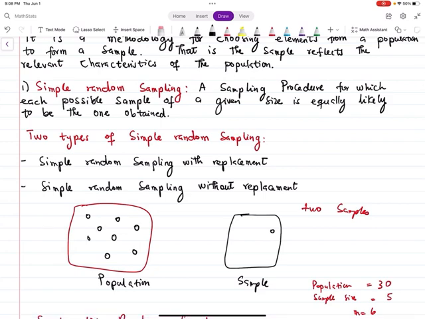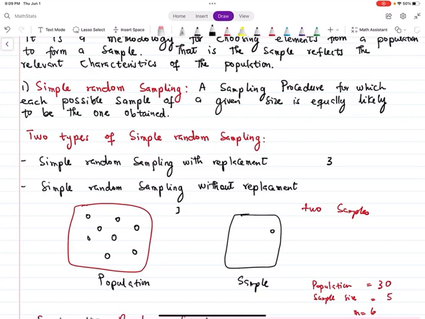So I have 1, 2, 3, 4, 5, 6, 7, 8. And then simple random sampling with replacement. Let's say that I want to choose 3 out of the 8 here to form the sample.